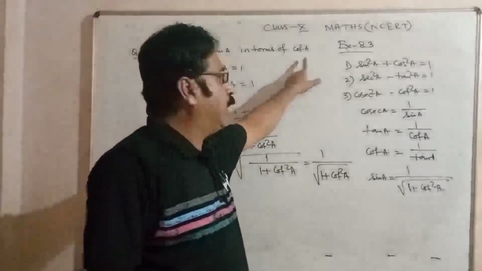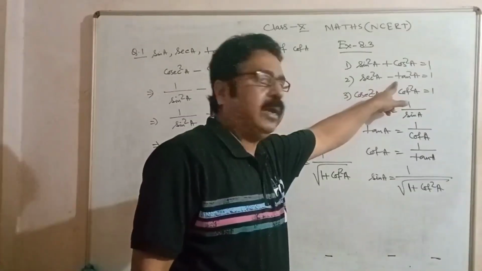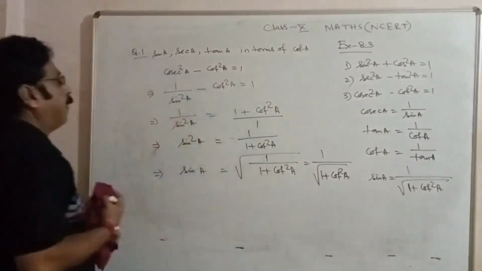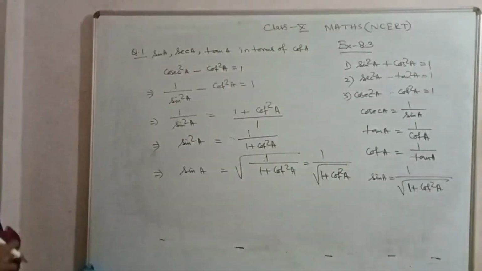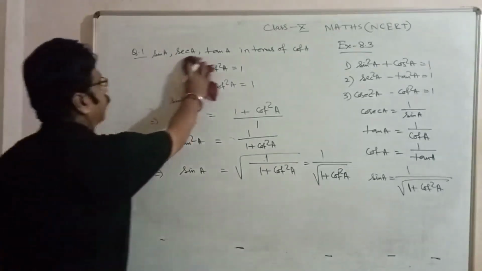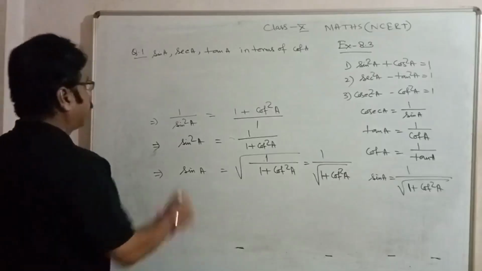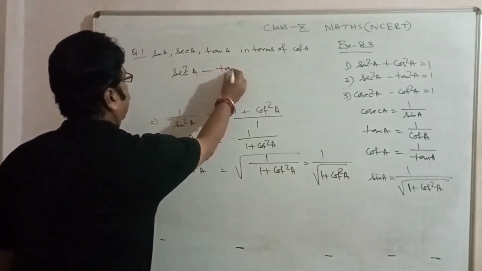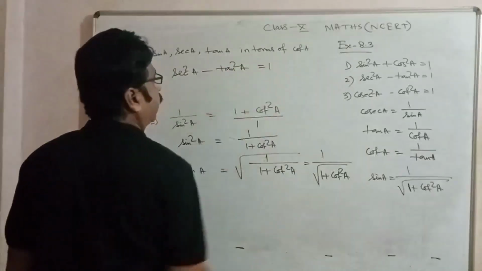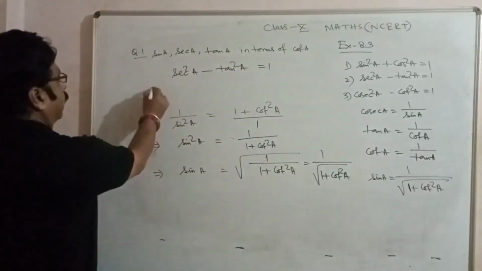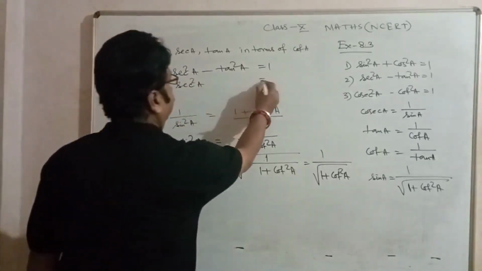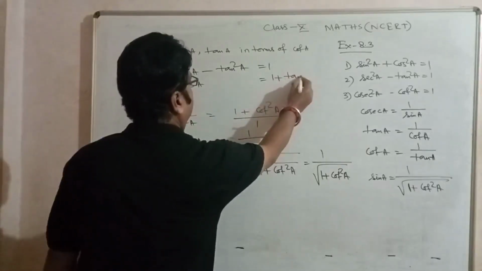It is cot A. Tan A, we can convert it into 1 upon cot A. Sec square A minus tan square A equals to 1, so sec square A equals to 1 plus tan square A.